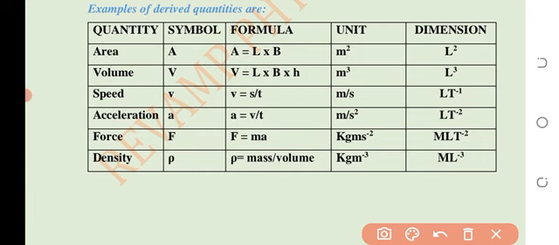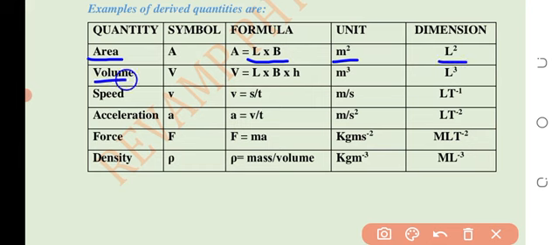Area, this is the formula for area, is a combination of two lengths, that is length multiplied by breadth. So that makes the unit m squared. Remember, we mentioned previously that whatever is measured in meter has its dimension as capital letter L. In this case we have a meter squared, so the dimension will be capital letter L squared.